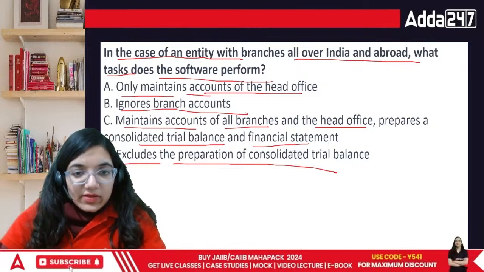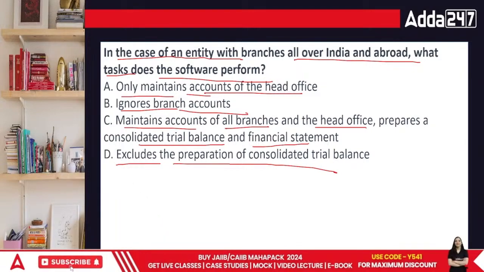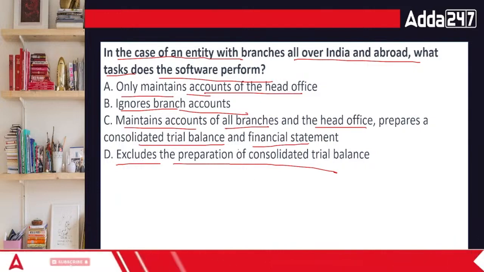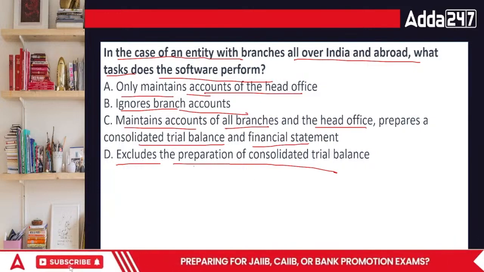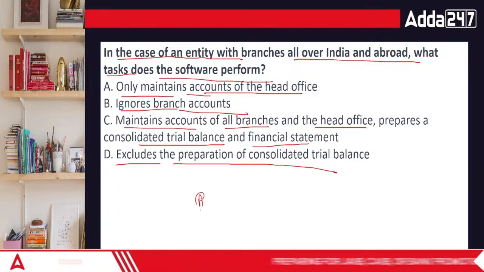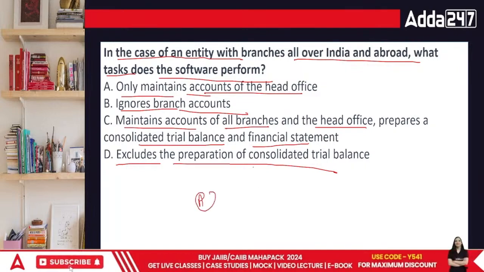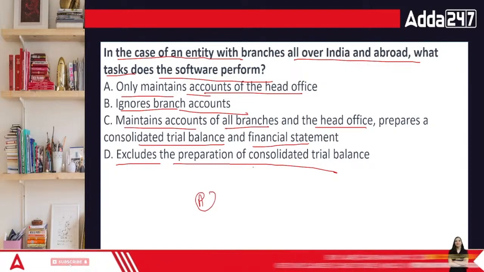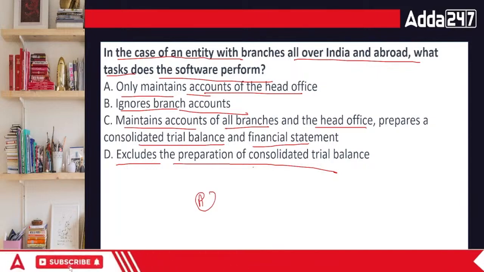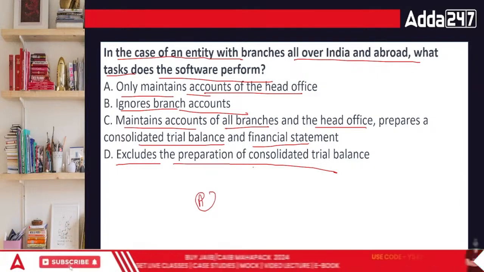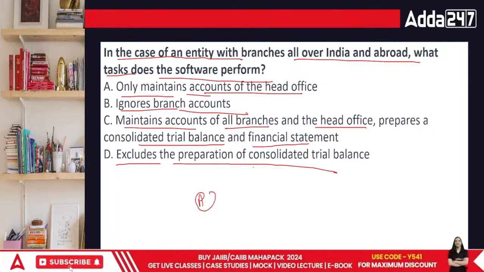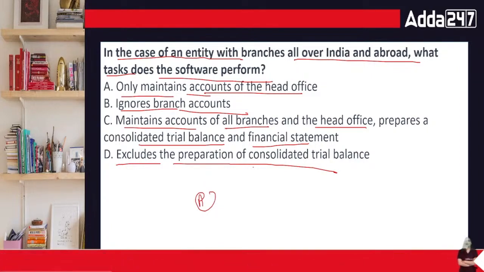Just a moment, now it would be visible in a better way. What's the answer in this case? When we are talking about an entity which has branches in India as well as abroad, what tasks does the software perform? If you put money into any branch, the entire account, your head office and everything else, is updated altogether.